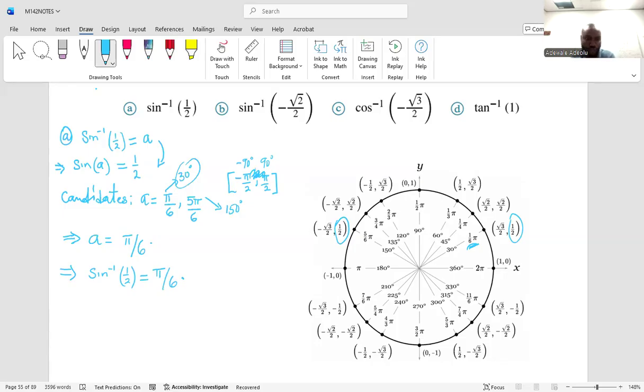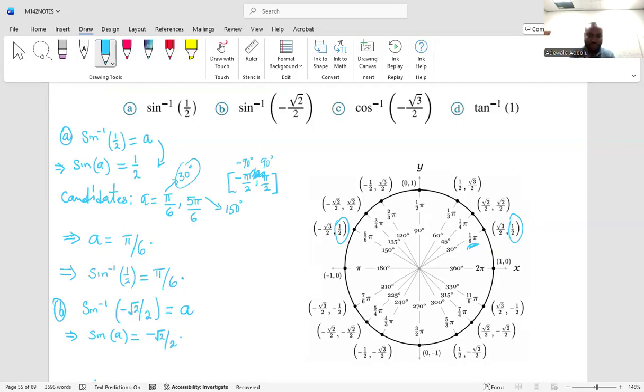Let us move on to another one. B, sine inverse of negative root 2 over 2. Again, I will call this A, and then I'm looking for sine of some angle whose ratio is negative root 2 over 2.